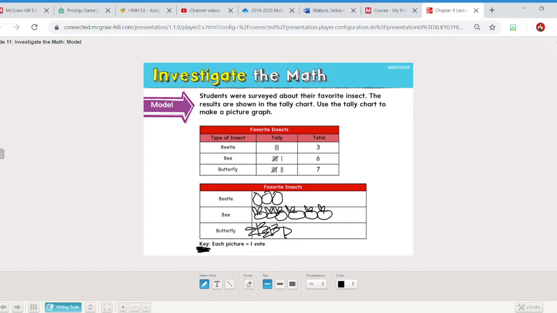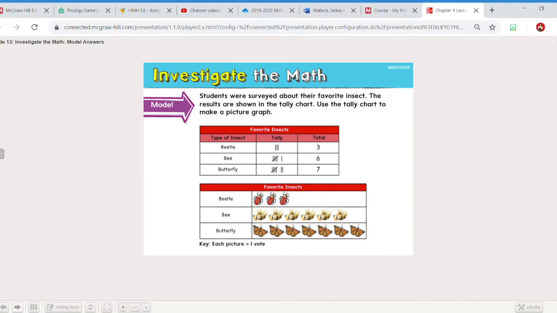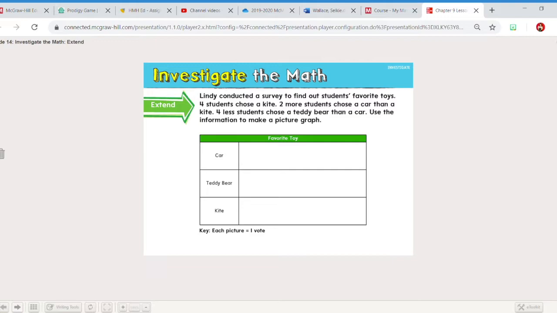So you can get kind of sloppy, but I know when you're working on your paper, you're going to do your best to have a neater picture than I do. Let's see how they did it. Oh, they have it right there. Much better with their pictures of it. Looks like butterfly was the most popular and beetle was the least popular.